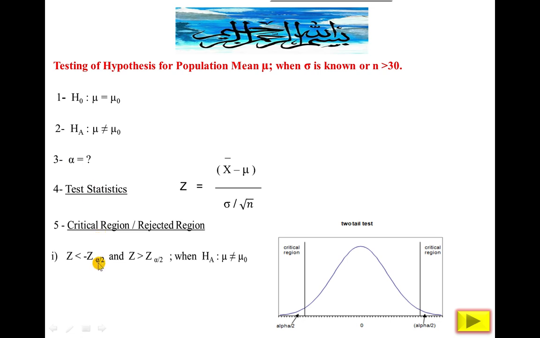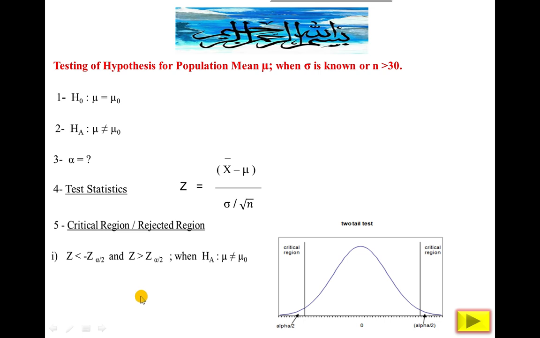If the alternate is not equal to, then we divide alpha by 2. Left hand side is negative, right hand side is positive, and the diagram is the same as previous. So the notation of the alternate hypothesis is very important. If this is wrong, the critical region will be wrong, the table value will be wrong, the conclusion will be wrong, the complete question will be wrong.